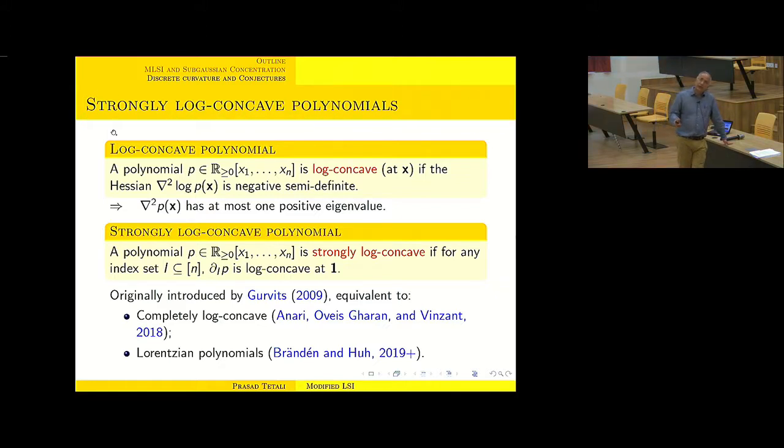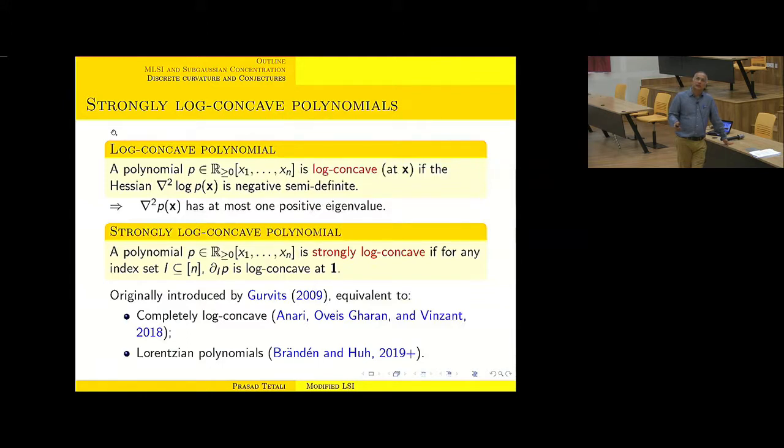Okay. So a polynomial with non-negative real coefficients in X1 through Xn is log-concave. So this is standard. Log-concave if the log has a Hessian that's negative semidefinite, right? So nabla squared log of the polynomial is negative semidefinite. So it turns out that implies, and again there's some reverse direction also, but for what we want, this is a useful direction.